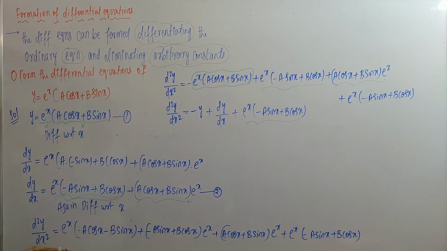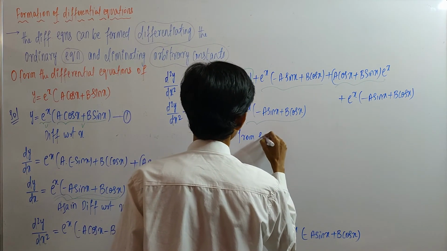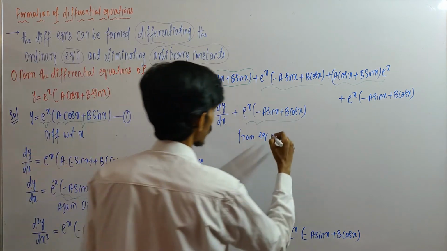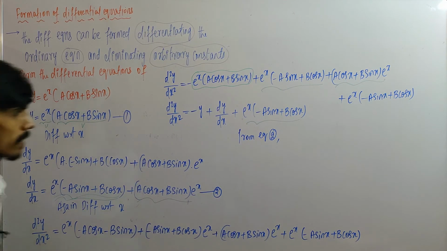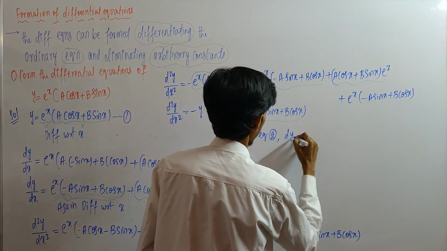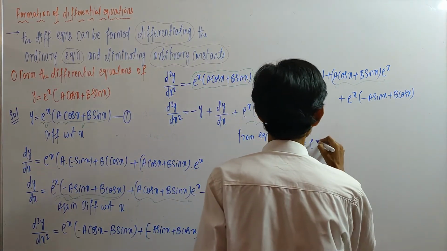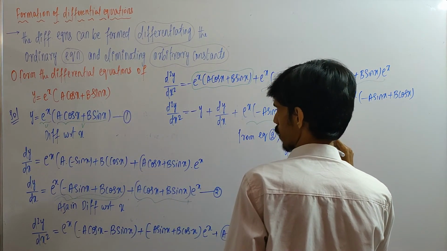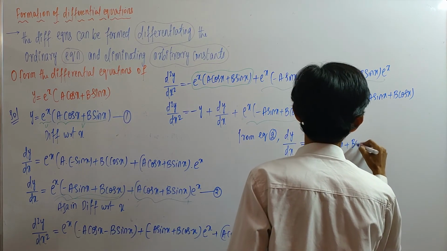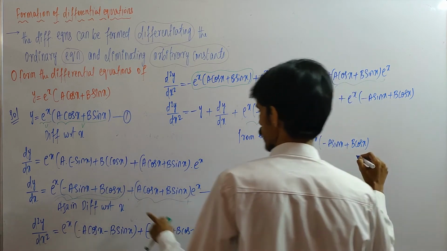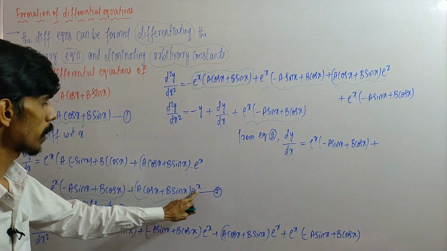From equation 2, here we have dy by dx is equal to e power of x into (minus a sin x plus b cos x) plus (a cos x plus b sin x) into e power of x.